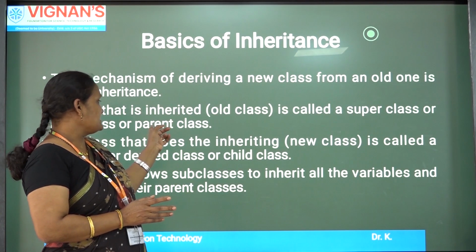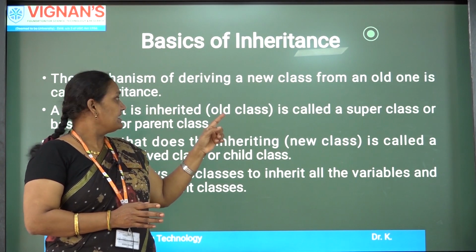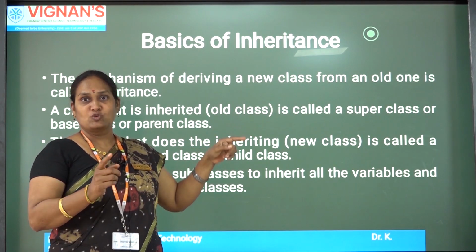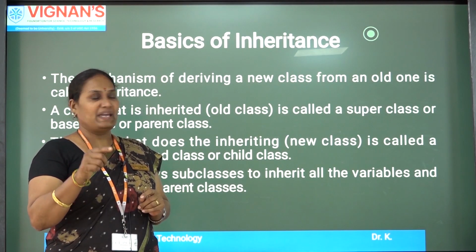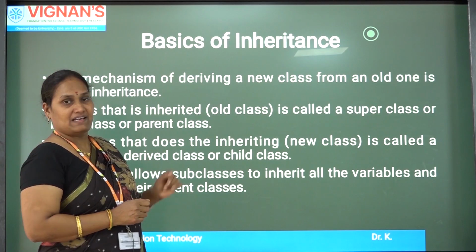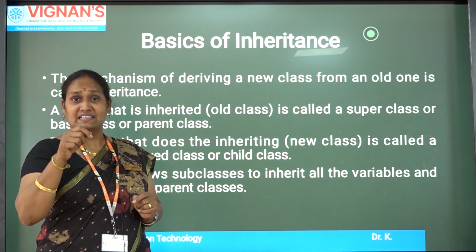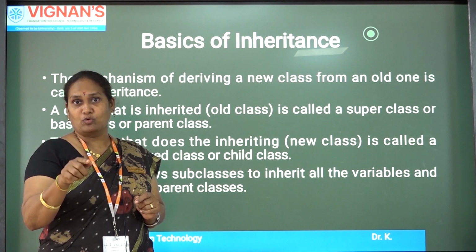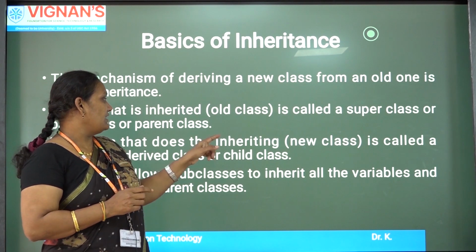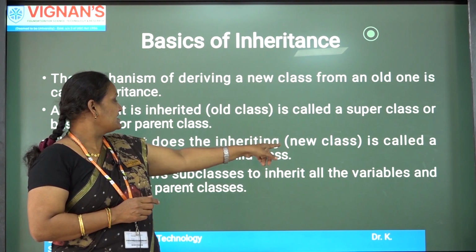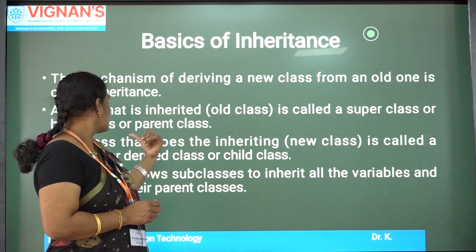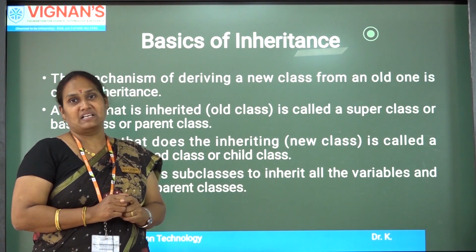The old class which is inherited is called a superclass, base class, or parent class. The class that does the inheriting, which is the new class, is called a subclass or derived class.